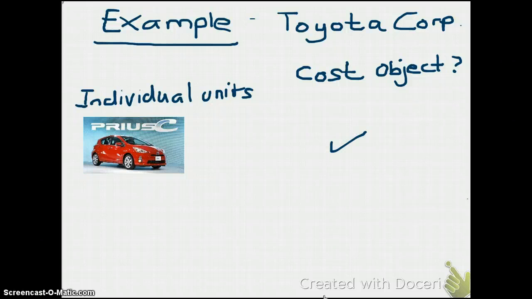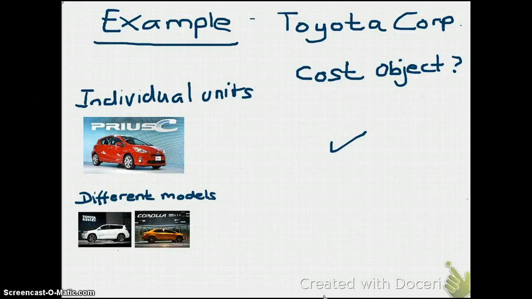Yes, they would want to find out, therefore it could be a cost object. How about different models within the corporation, such as the RAV4 or the Corolla? Would they want to find out how much different models would cost, or even different model lines, the RAV4 line or the Corolla line? Yes, they would. Therefore, those could also be considered a cost object.